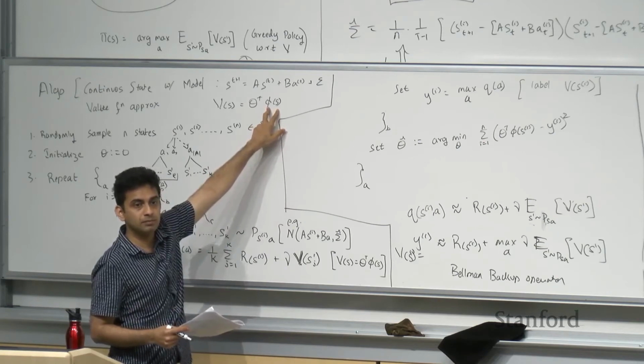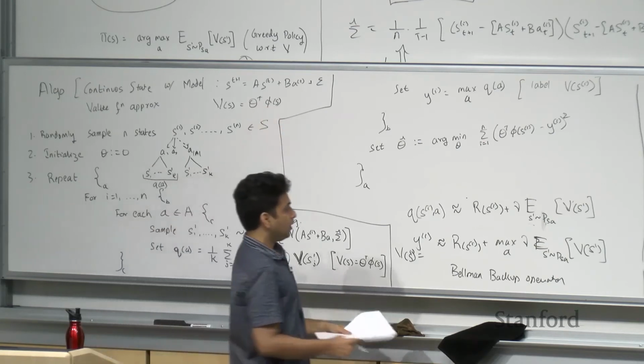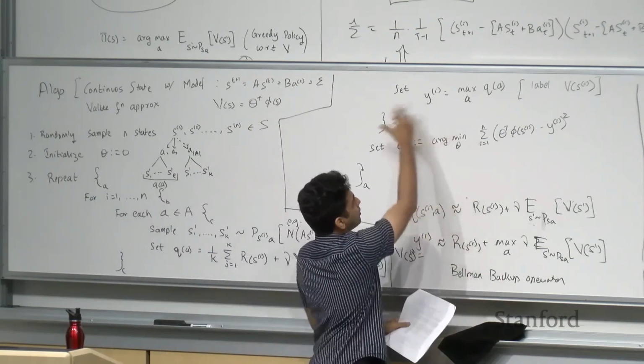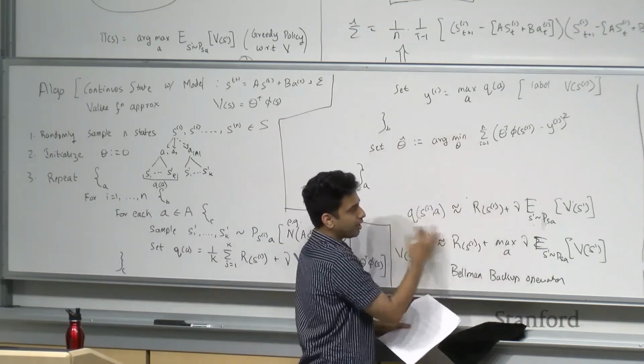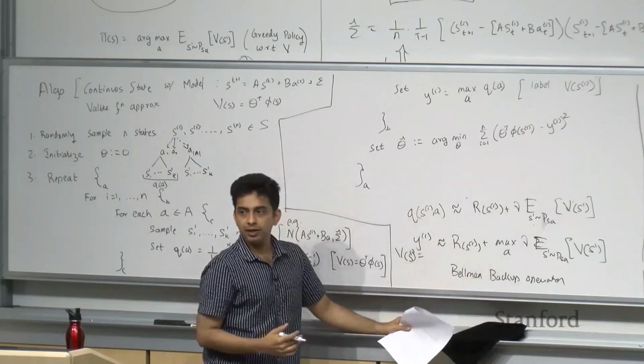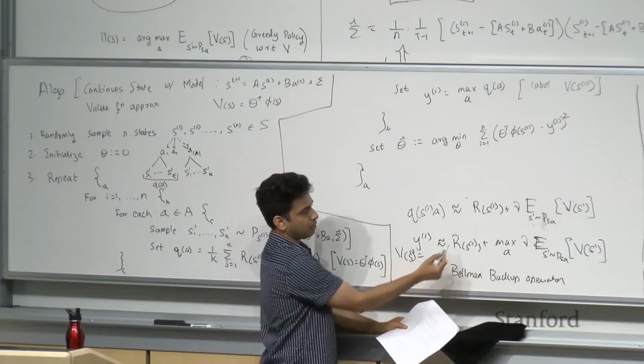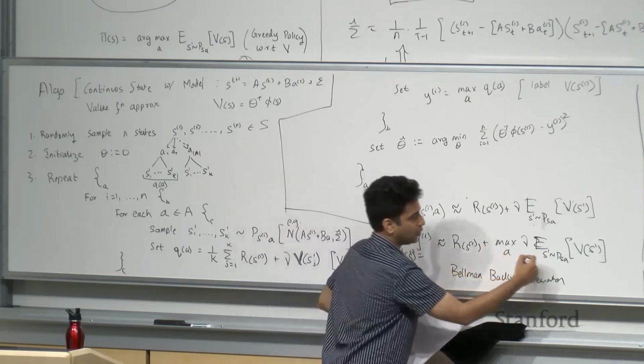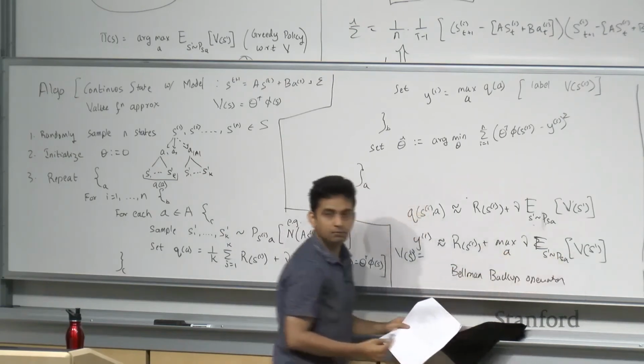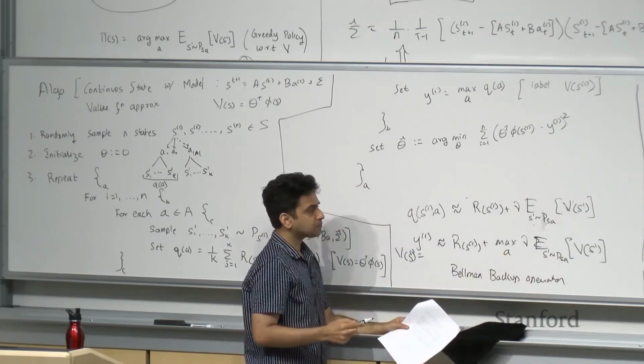The way to think about this is to see the similarity with the Bellman backup operator. In case of the Bellman backup operator, we would have V of S_i equal to R of S_i plus max over A of this expectation of V of S prime.